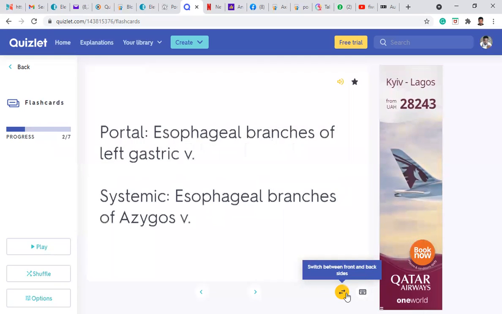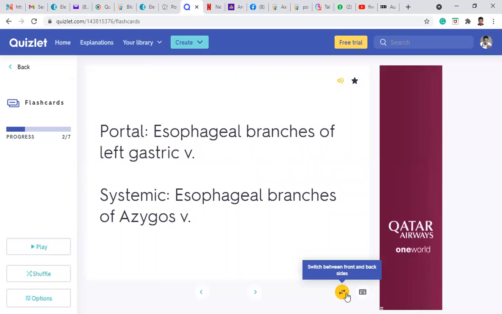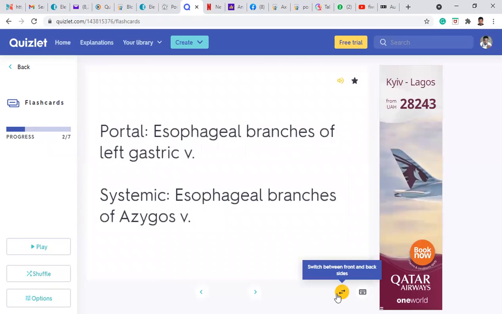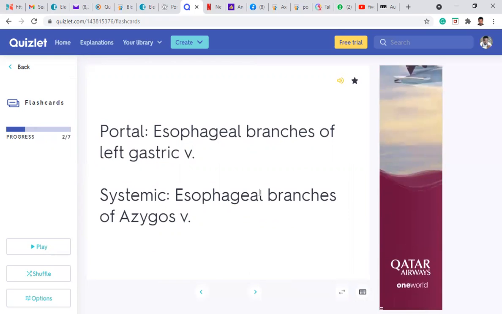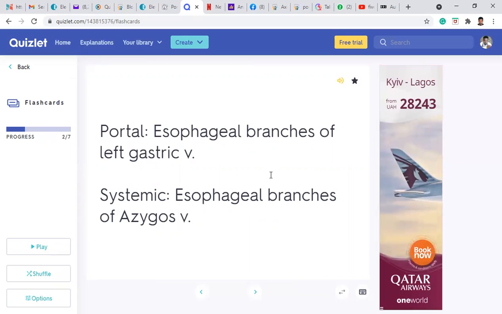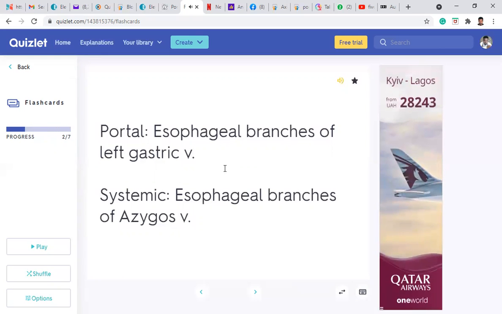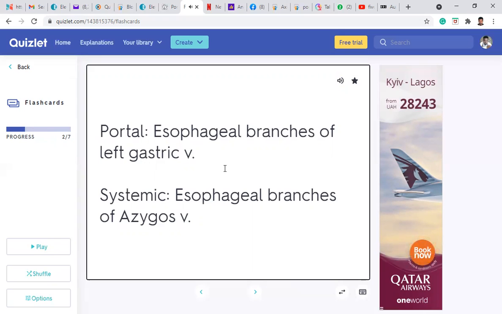Okay, now the next region we need to look at is, one minute. Okay, I think I need to do this. The next region we need to look at. Portal: esophageal branches of left gastric V. Systemic: esophageal branches of azygos V. Okay.